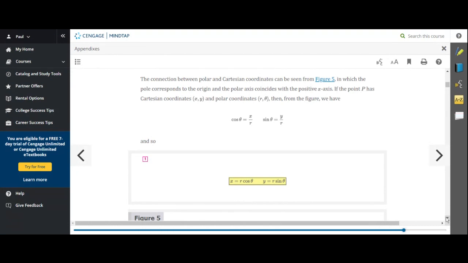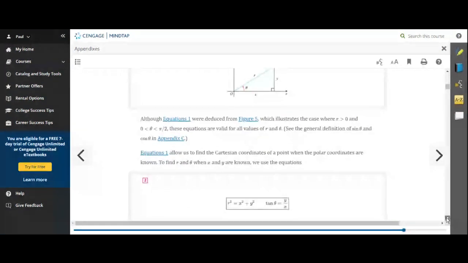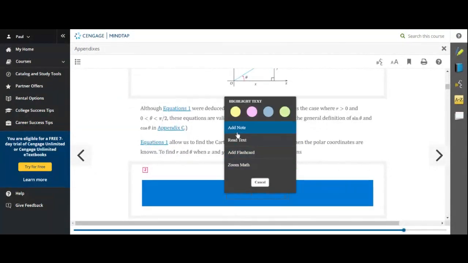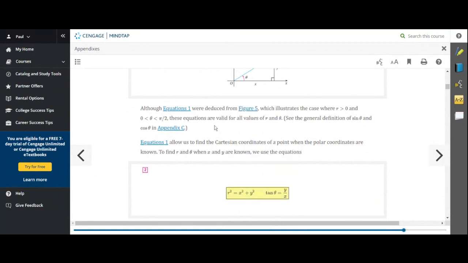Along with that, you have that r squared is equal to x squared plus y squared, and the tangent of theta is equal to y over x. With these equations, which you know from trigonometry are true, you can convert polar coordinates into Cartesian coordinates and Cartesian coordinates into polar coordinates.